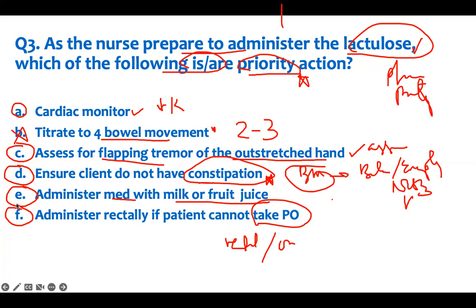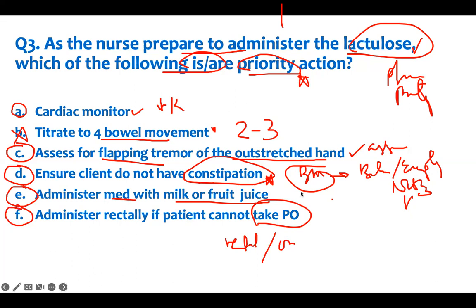So these are the things you should be thinking. That's your priority: you get a cardiac monitor, you assess for flapping tremor of the outstretched hand, and ensure the client does not have constipation. Those are your priorities. Administer the medication with milk and fruit juice. Administer rectally if the patient cannot take a pill.